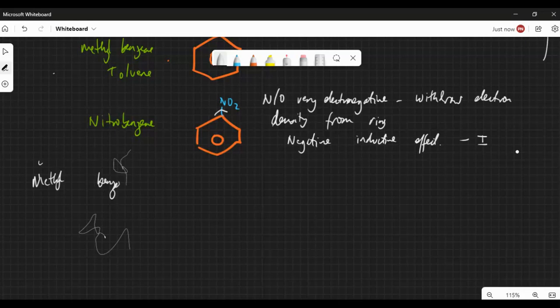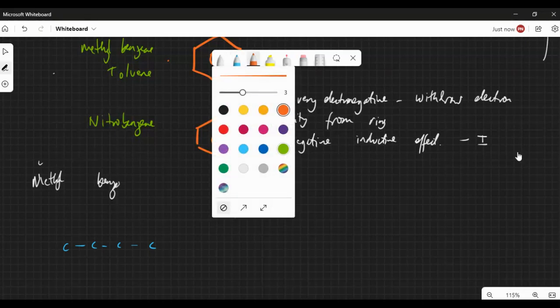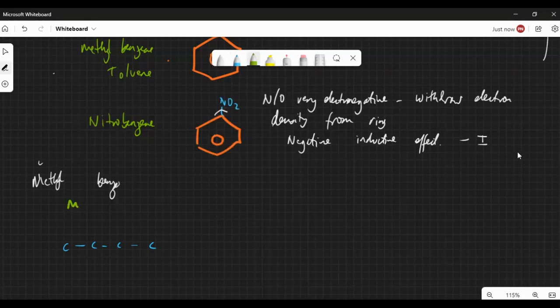Let's get rid of that. For some reason, it's going a bit weird today. In the case of methylbenzene, if we have a look at the side on now, we'll get something like this. And in the case of nitrobenzene, let's try and keep the colors consistent. This is going to be methylbenzene, and this is going to be nitrobenzene.